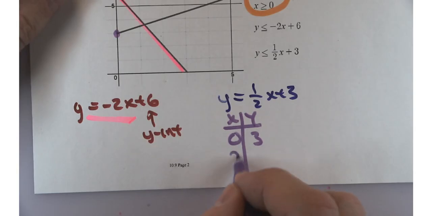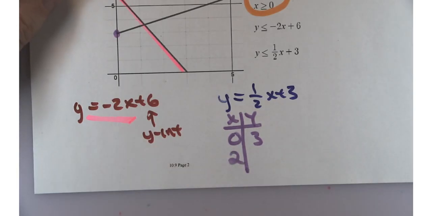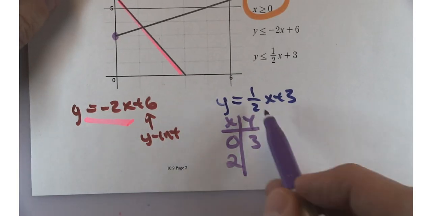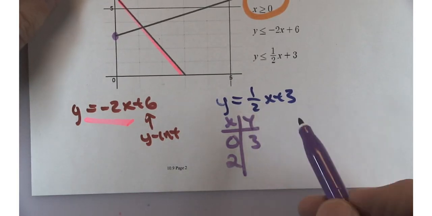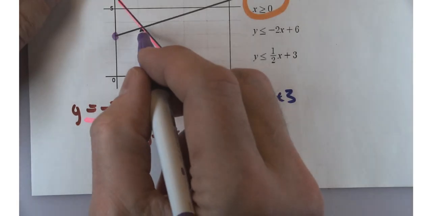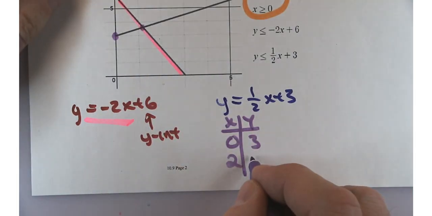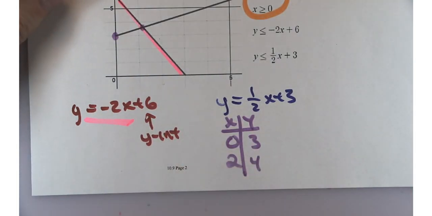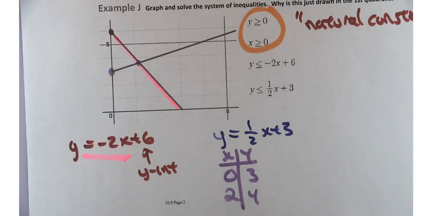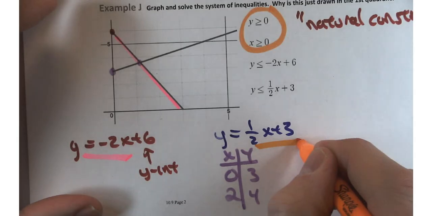For instance, a 2 for x. What happens when you take half of 2? You get 1. And then when you add that to 3, you get 4. So 2 and 4. So there's your other graph. I'll draw that one in orange.